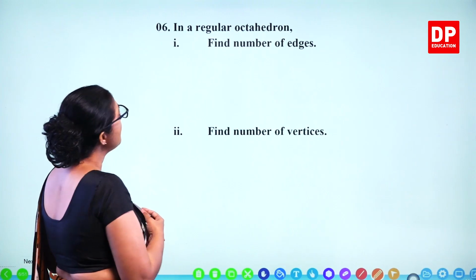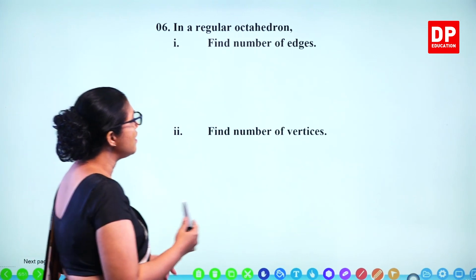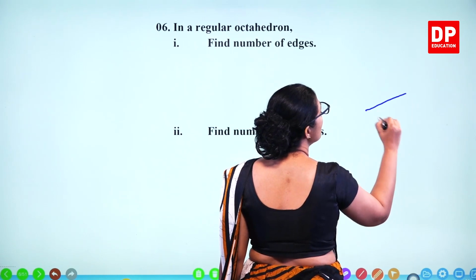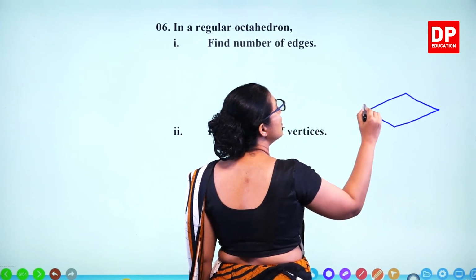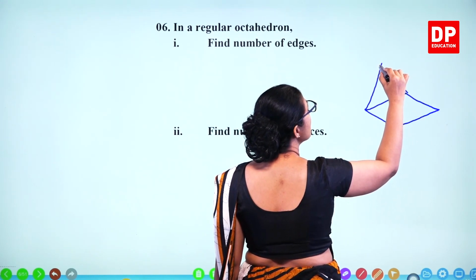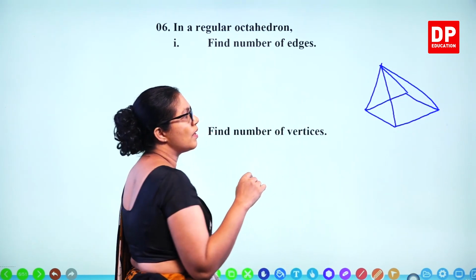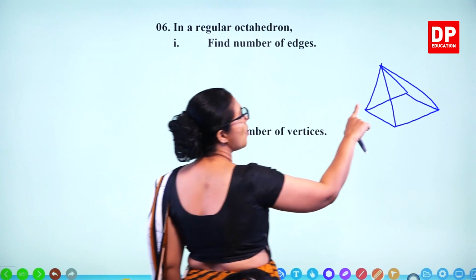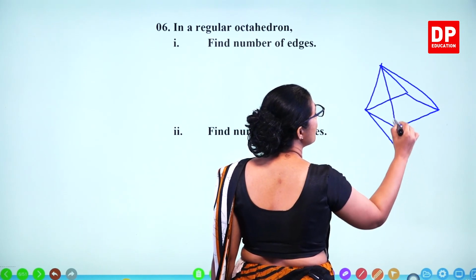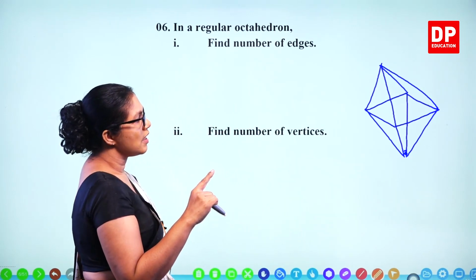Question number 6. In a regular octahedron, find the number of edges. So what's an octahedron? 8 faces are there. So we'll draw it like this. All sides are equal. So this is 1, 2, 3, 4, and you get down also. So this is the regular octahedron.